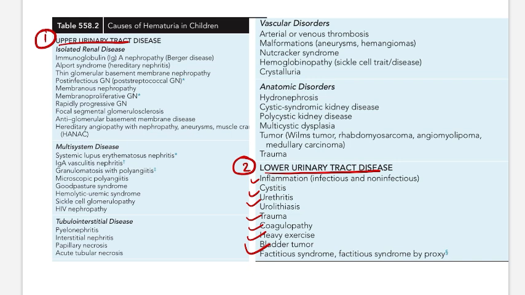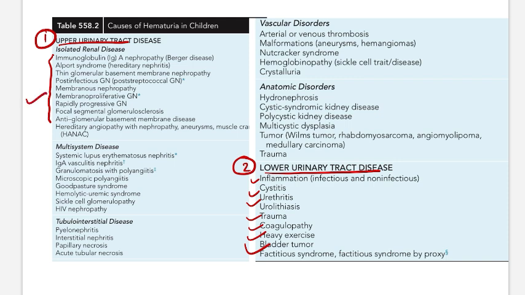Upper urinary tract causes may be isolated renal disease, multisystemic disease, tubulointerstitial disease, vascular disorders, and anatomical disorders. Don't mug up this list, but just remember any renal disease like IgA nephropathy, Alport syndrome is associated with this.